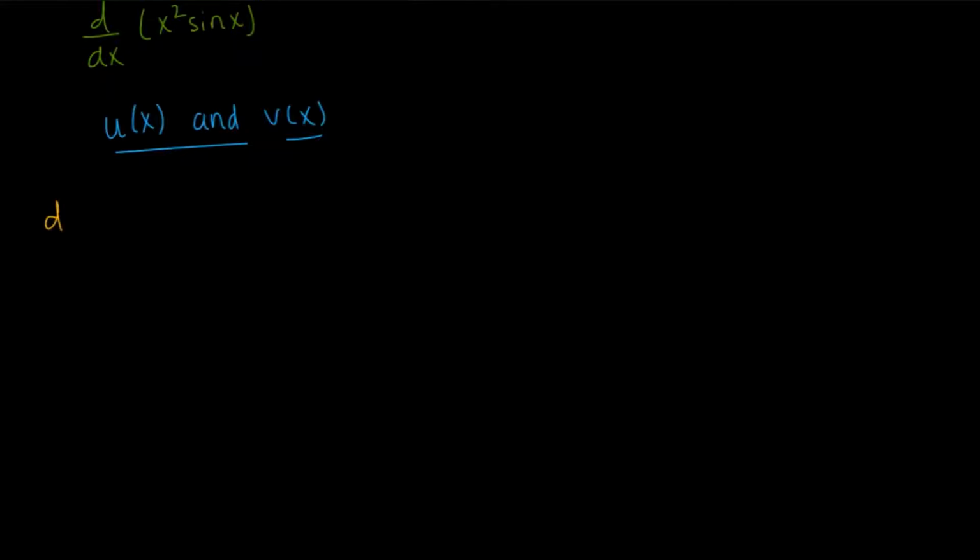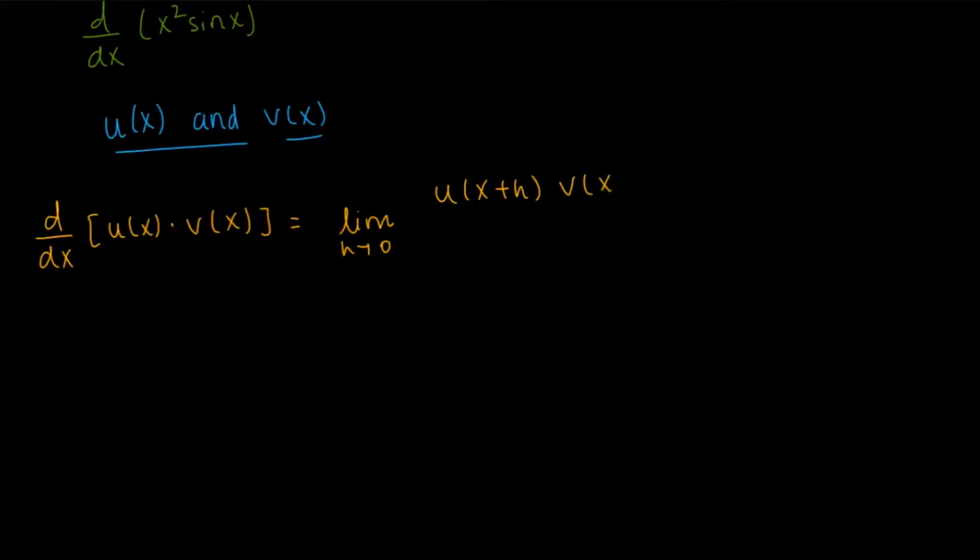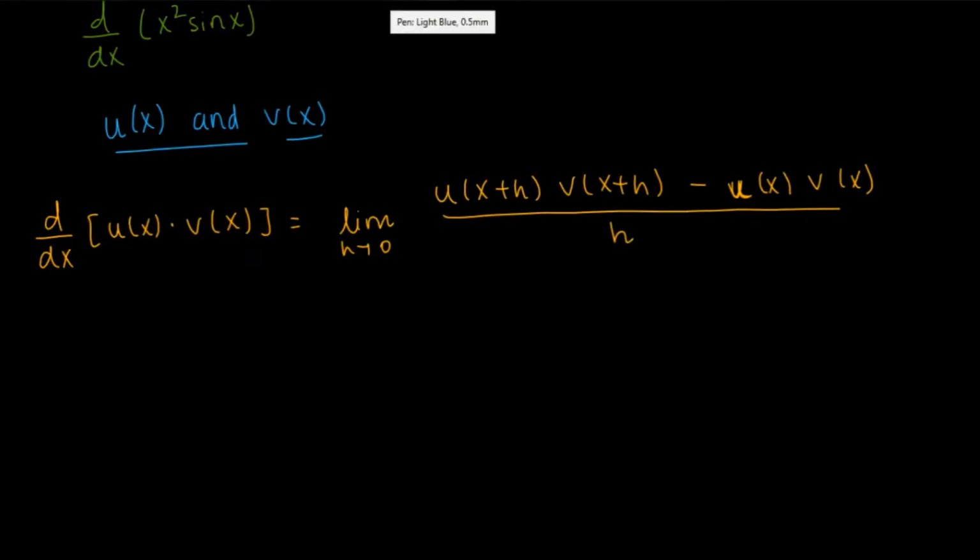You can say that d over dx of u of x times v of x is equal to the limit as h goes to 0 of, put x plus h instead of x here, so that will give you u of x plus h times v of x plus h, minus, just write the original function, u of x times v of x. All of this is being divided by h. This is just from the basic definition of the derivative.